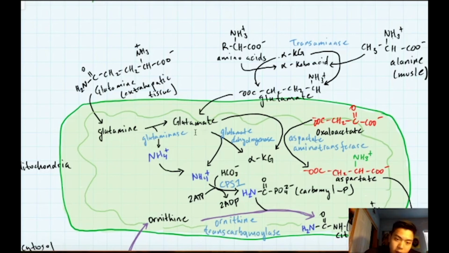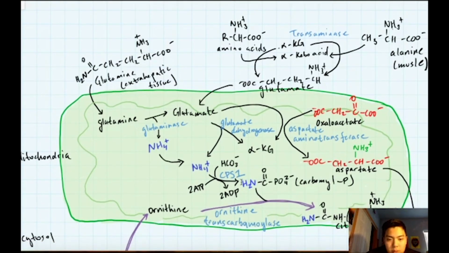The other way is it can become alpha-ketoglutarate, right? But it can supply another nitrogen, which is needed in this reaction right here, this CPS1, all right? So CPS1 stands for carbamoyl phosphate synthetase 1. I didn't have room to write it in here, but that's carbamoyl phosphate synthetase 1.